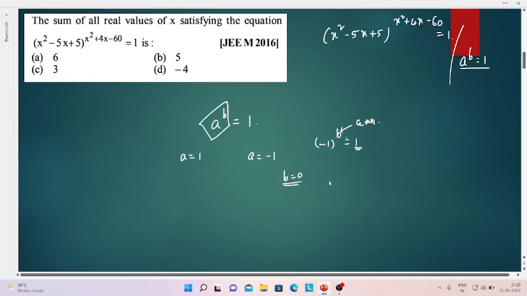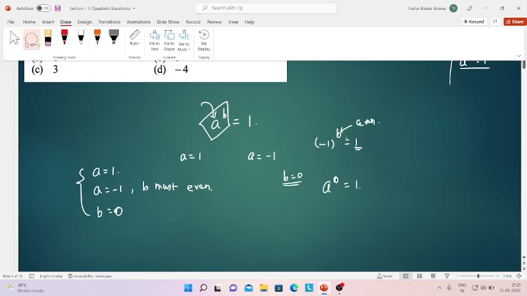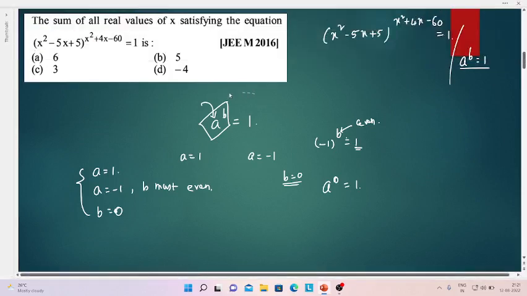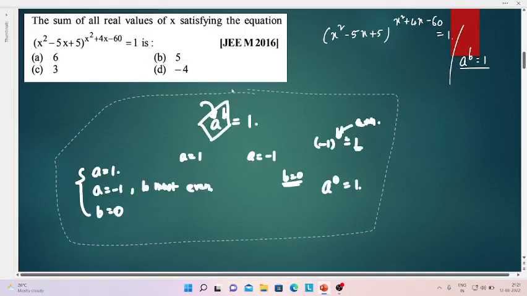For b equals 0, a to the power 0 will definitely be 1, right? So there are three conditions. One condition is a equals 1. Second condition is a equals -1, then b must be even. And the third condition is b equals 0, right? This equation will be satisfied for these three conditions.